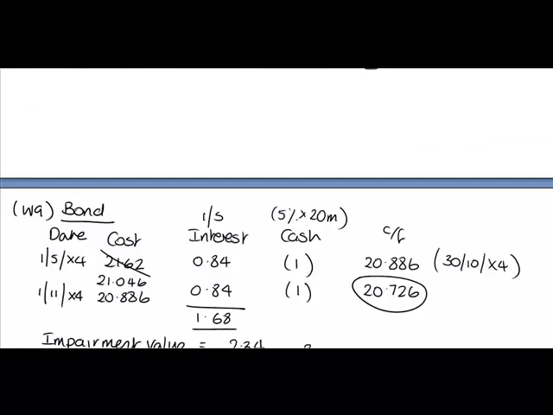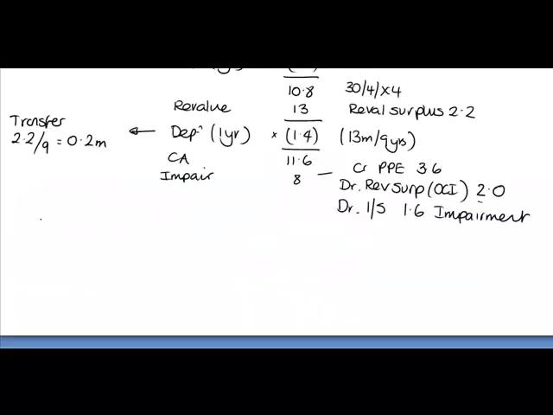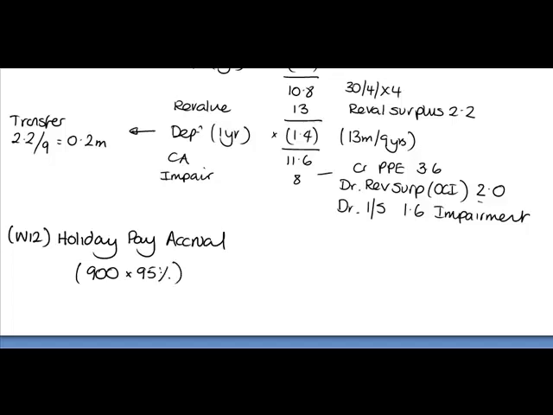One more adjustment to make. This is in respect of holiday pay, and we should strictly work out an accrual for holiday pay. The best way of saying it, it's not entirely accurate, but we've got 900 employees, of whom 5% we think are going to leave.